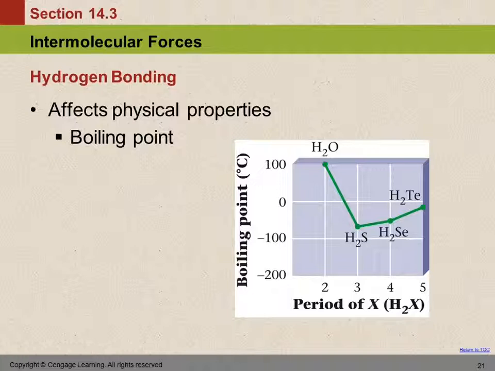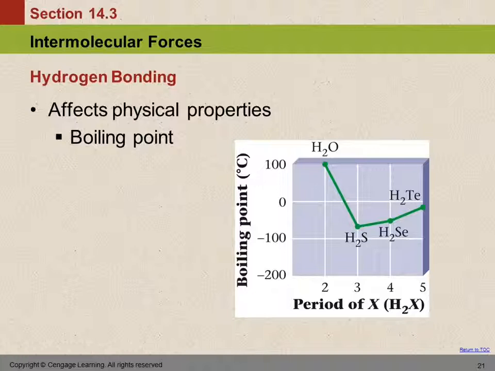If you look at the periodic table, oxygen, sulfur, selenium, and tellurium are all in the same column, group 6A. They belong to the same family, and they form compounds with two hydrogens and one of these group 6 elements: H2O, H2S, H2Se, and H2Te. They form the same type of compound.